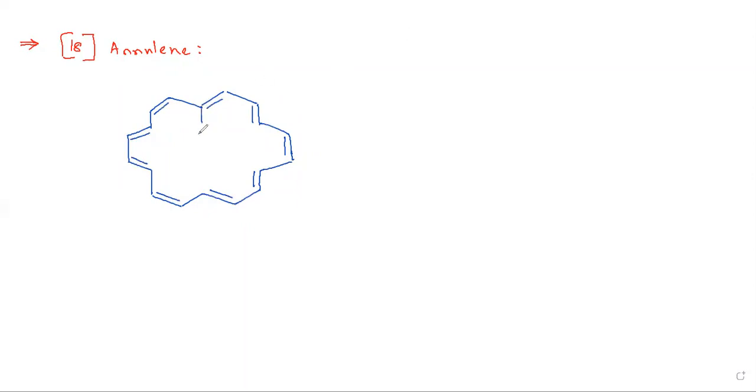And the hydrogen. Take them this way. No doubt, even here also we expect a kind of repulsion, but that repulsion is not that heavy to make it non-planar. So it is planar. It has 18 pi electrons, therefore it is aromatic, right?